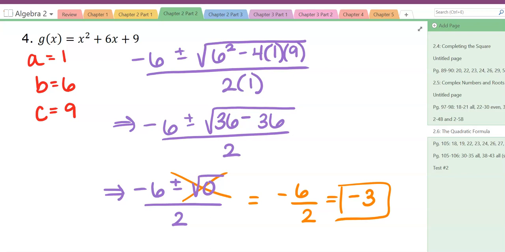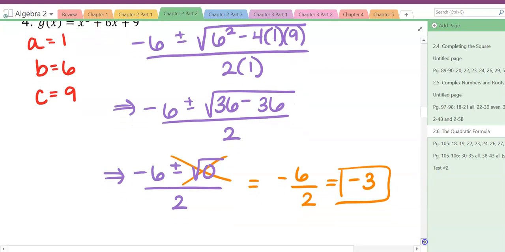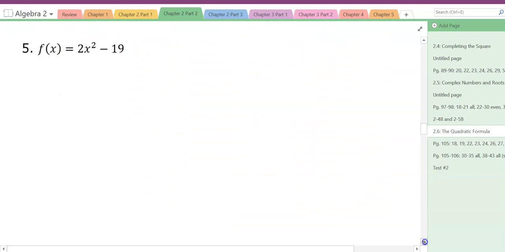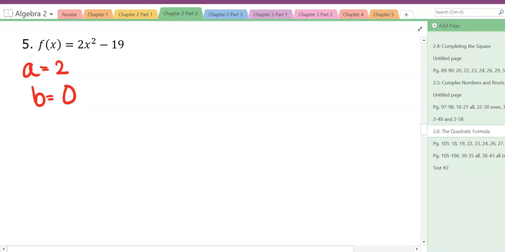All right, last one that we're going to do for today. What is missing in this equation? B. There's no x term. So your A is going to be a 2. Your B is going to be a 0. C is going to be negative 19.